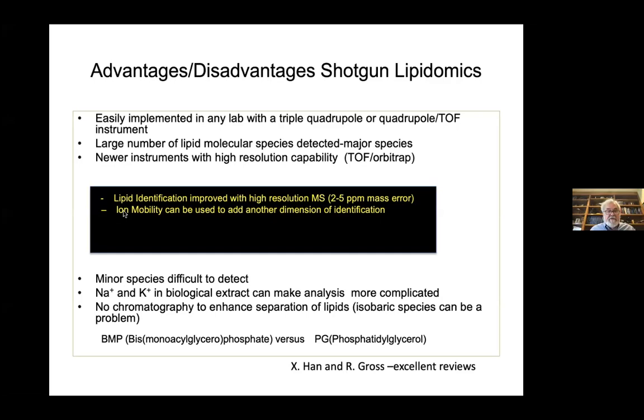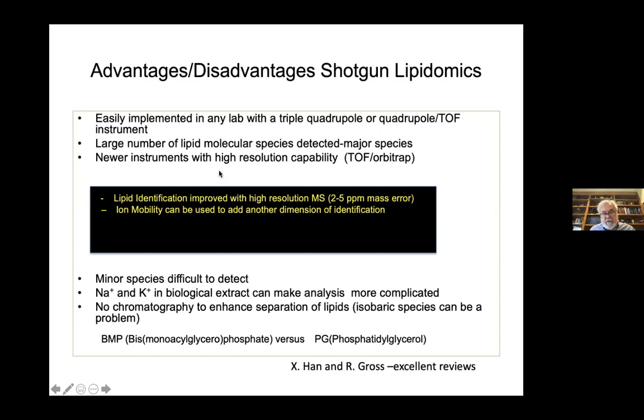So the advantages of this, just to stress what the advantages can be: it is easily implemented. This kind of shotgun analysis can be done in any lab which has a triple quadrupole or a quadrupole time of flight instrument. A large number of lipid species can be detected. I would add the caveat that they probably have to be the major species.